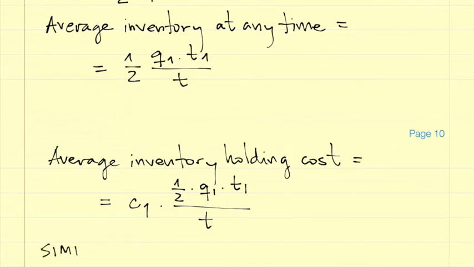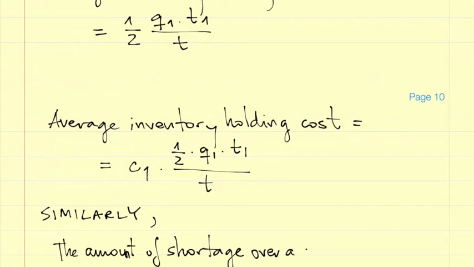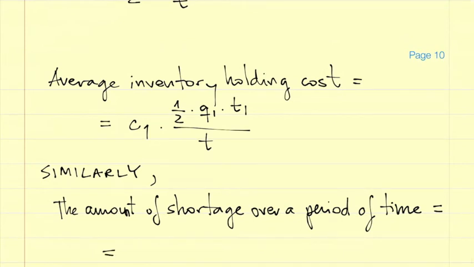Similarly, the amount of shortage over a period of time T equals 1 divided by 2 Q2 times T2.